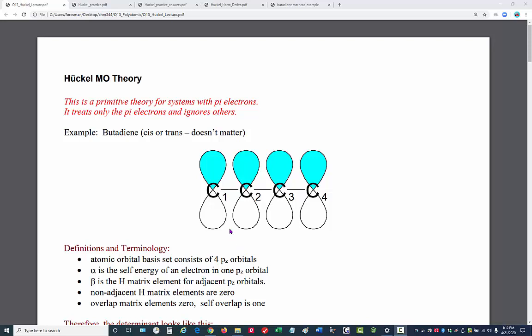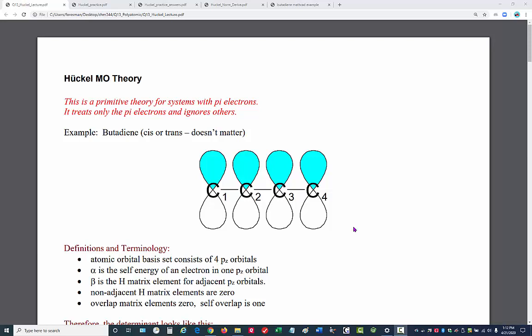Here I've numbered them 1, 2, 3, 4. 4 connected carbon atoms, each with 1 unhybridized p orbital sitting on top. So you see them side by side here, the p orbitals. Those are the functions that we're going to put on each of the atoms. Just like when we did the hydrogen molecular cation example, we put a 1s orbital on each atom.